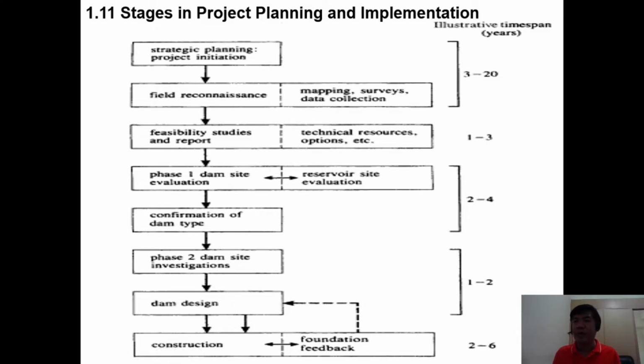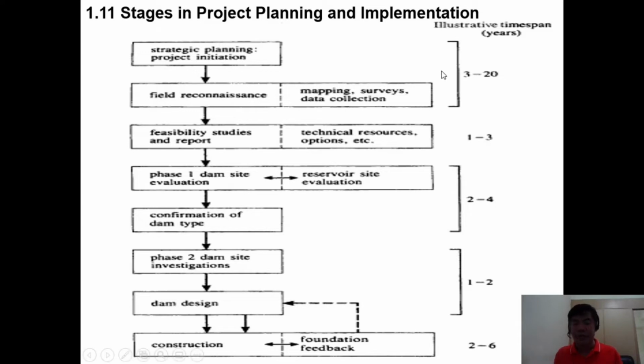Because if you are going to collect, for example, precipitation or rainfall data, you need a full year of data, so it will take that number of months for that parameter alone.